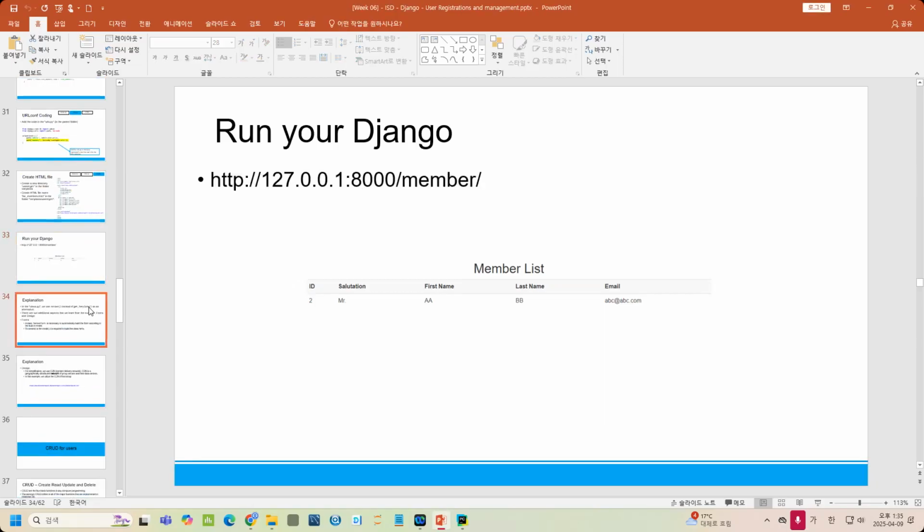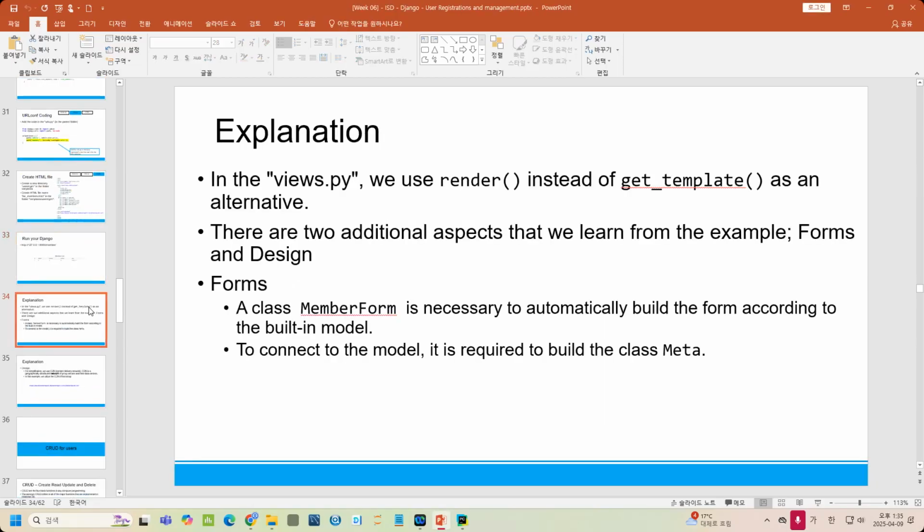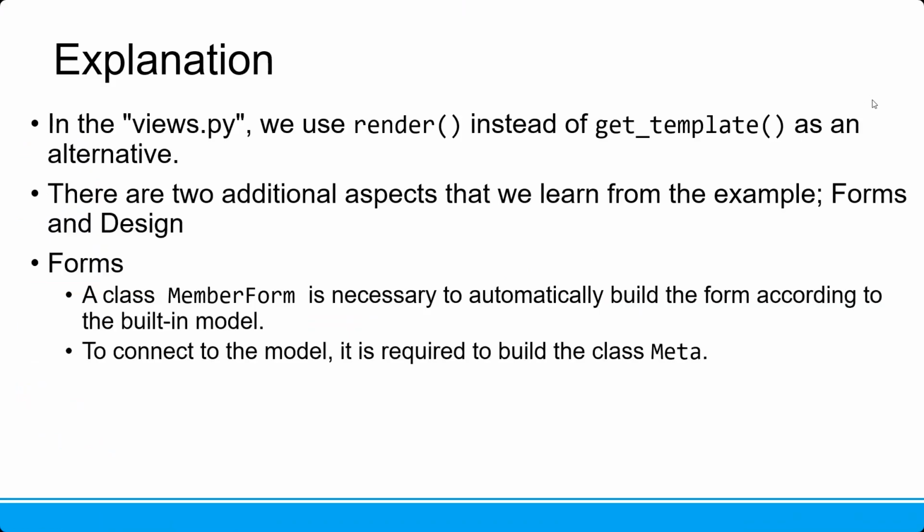So the explanation. There are some ways to deal with the HTML files. So in the views.py, we use the render. Last time we used the get template. So when you use the render, it means you will connect directly to the HTML file. You can also use the get template. Last time we used the get template.